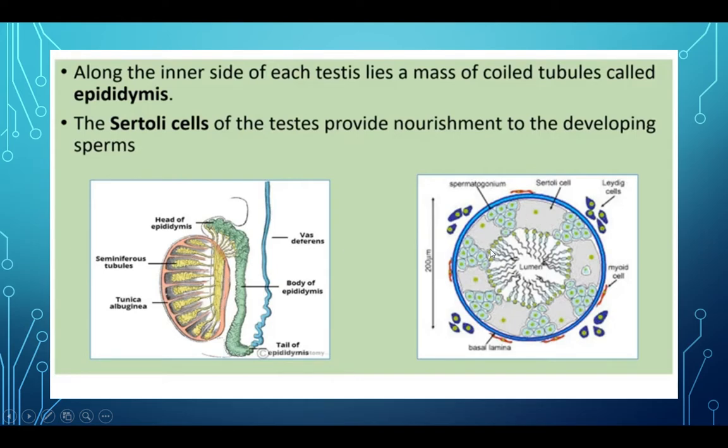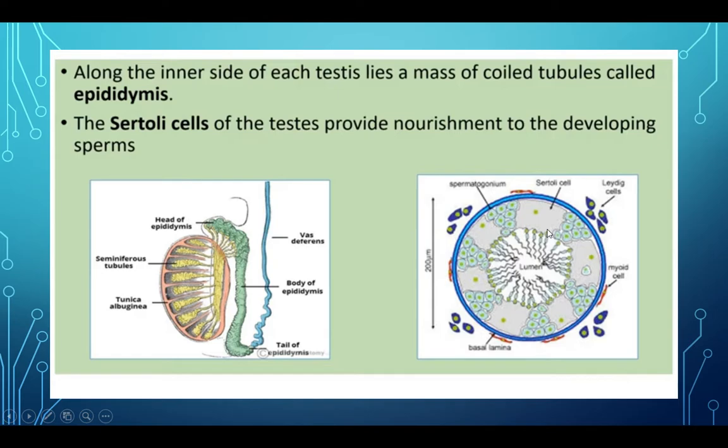And this internal structure you can see here. You can see the curved part, right? These are all what? Sperms which are produced in the testis. So these sperms are given nourishment with the help of Sertoli cells. You can see the Sertoli cells then and there, and these Sertoli cells will provide nourishment to the developing sperms.